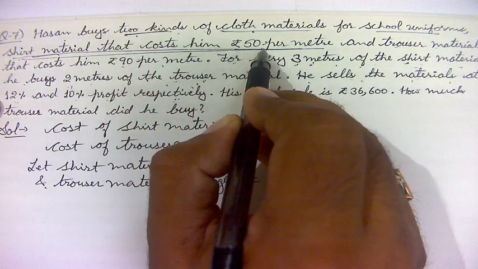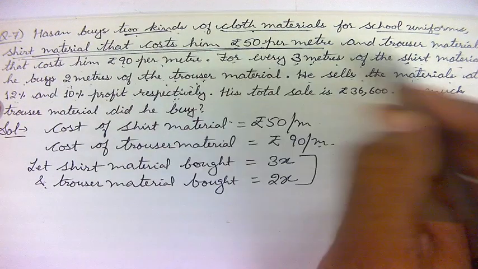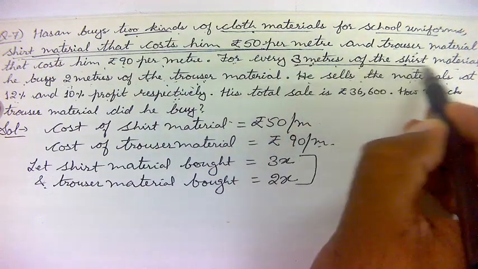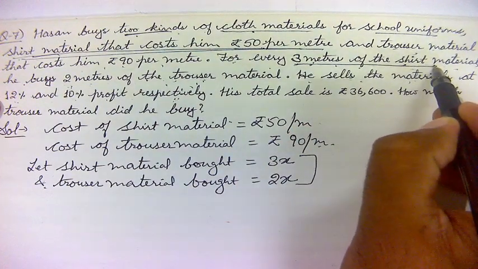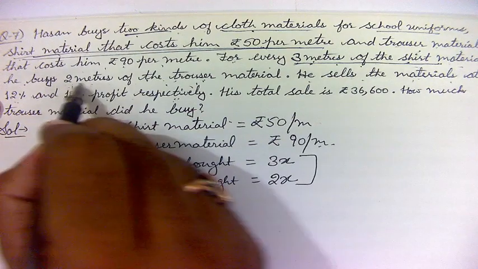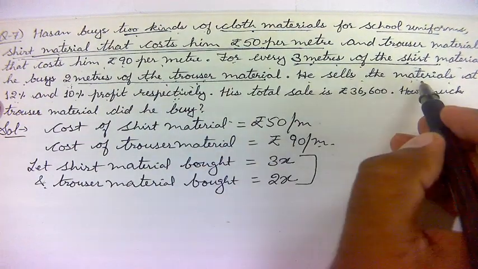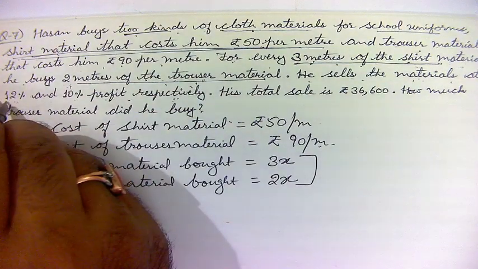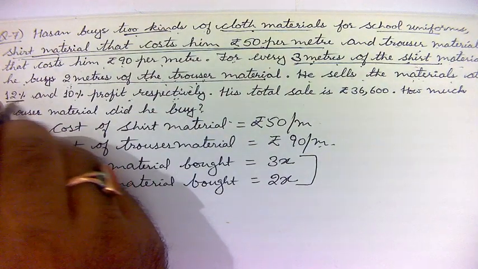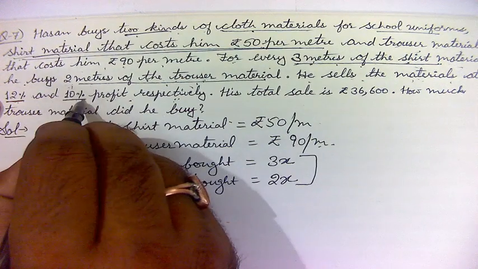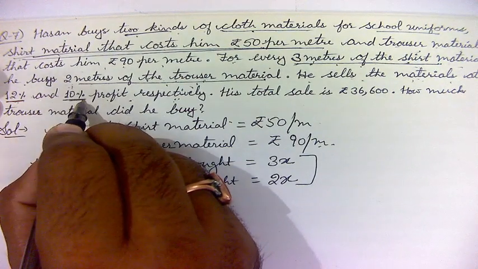Even in the cost, shirt material is given first and trouser afterwards, and even in the ratio, shirt material is given first and trouser material afterwards. So the profit will also be in the same way. 12% he is earning on the shirt material and 10% on the trouser material.